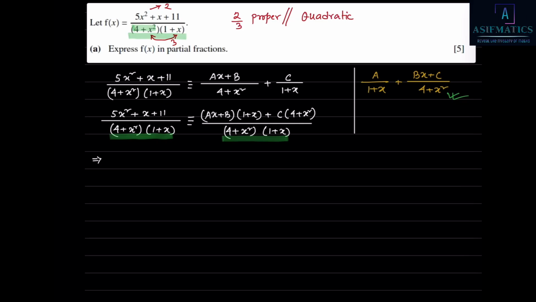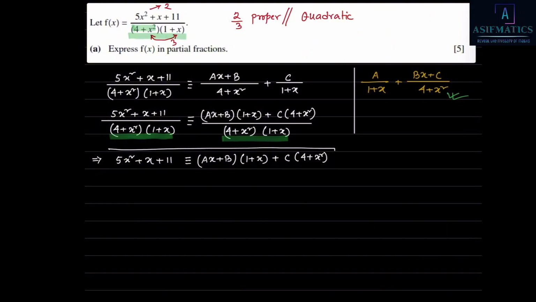So the third step will be 5x squared plus x plus 11 is identical to ax plus b into 1 plus x plus c into 4 plus x squared. So this is our main equation now.